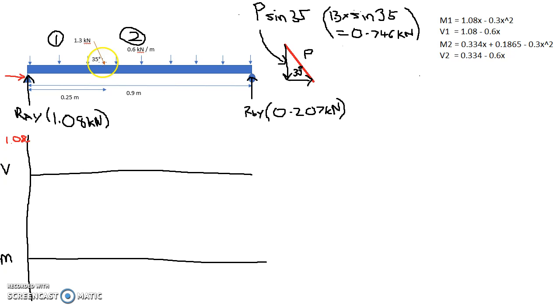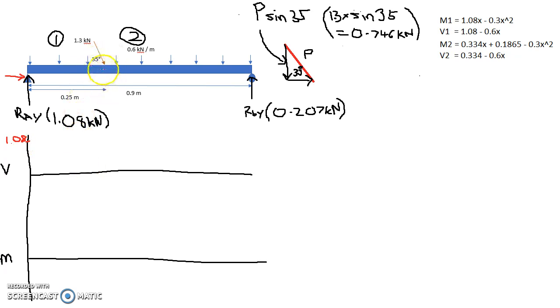And it's going to drop in a linear fashion, if we look at that expression there, up until the value of that point load. So let's plug in the end of this segment, because we know it's going to be dropping in a linear way until then. So let's get the two ends and we'll connect them with a line.